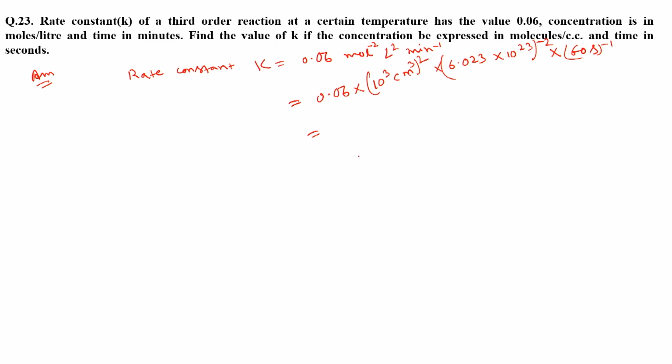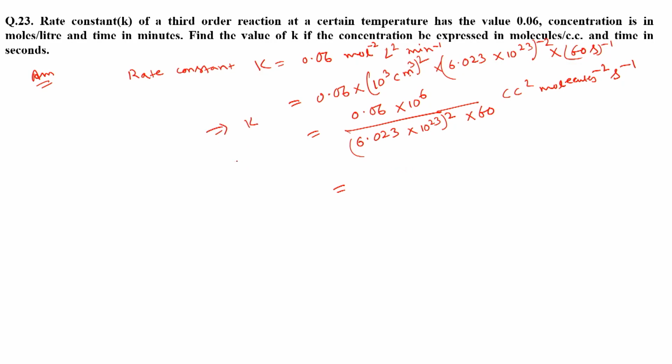So if we carry this out further, we get 0.06 times 10 to the 6 by 6.023 times 10 to the 23 square times 60, and this is cc square times molecules to the minus 2, and then second inverse. So we get the value of the rate constant k in molecules per cc and second.